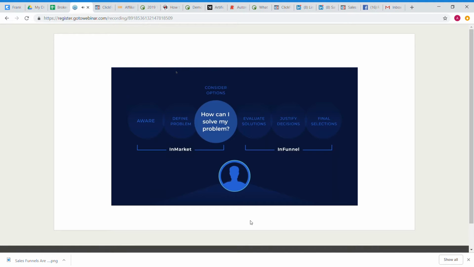They're looking at all the different ways in which to solve their problem. And please notice that at step 3 here, they're not talking to companies yet. They're still in market. They haven't visited anybody yet. Because maybe I can take a pill and get rid of my problem. Maybe I can get a shot and take my problem.